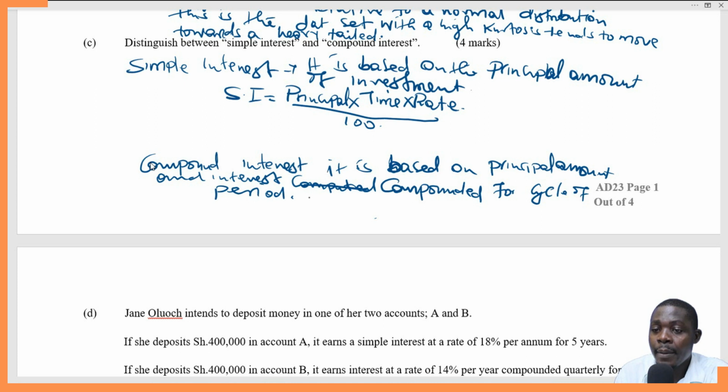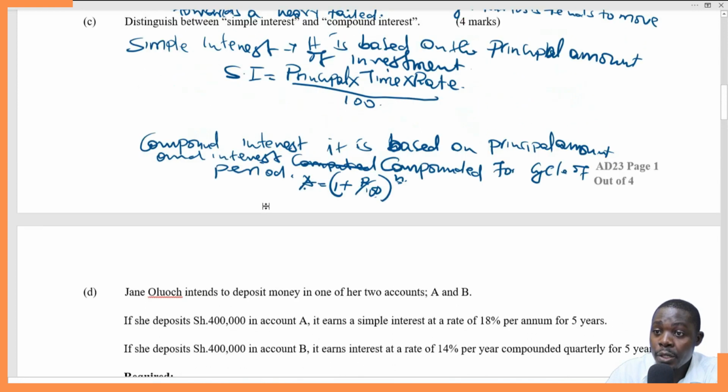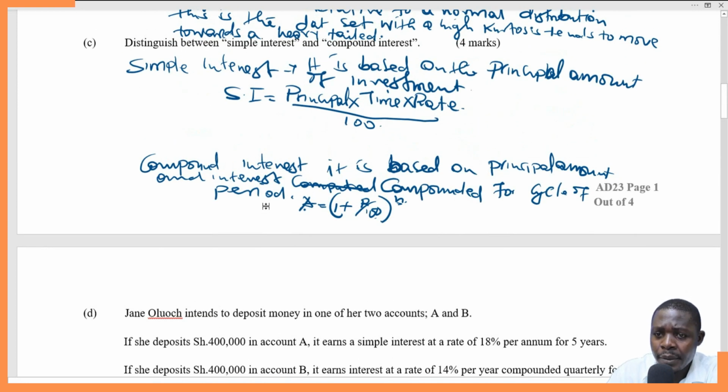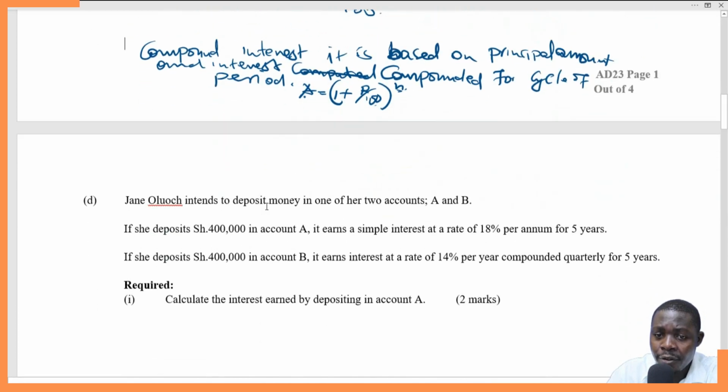It is given as amount equals principal times 1 plus r over 100, raised to power n. Amount is what you generate at the end of the investing period, r is the rate of interest, and n is the number of periods or years the money has been invested in that institution.